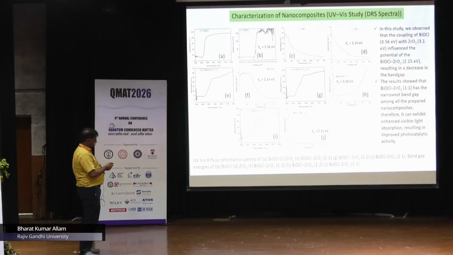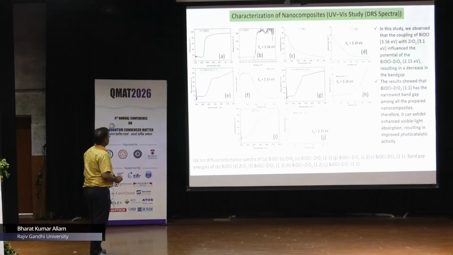After preparation of our nanocomposite, we have taken the UV visible spectra of that, and we have estimated the band gaps of the material. This is the bismuth oxychloride band gap, that is 3.56 electron volts, and for zirconium oxide you have 3.10. You can see our nanocomposites 1:1, 2:1 and 1:2, the different stoichiometric quantities we have used.